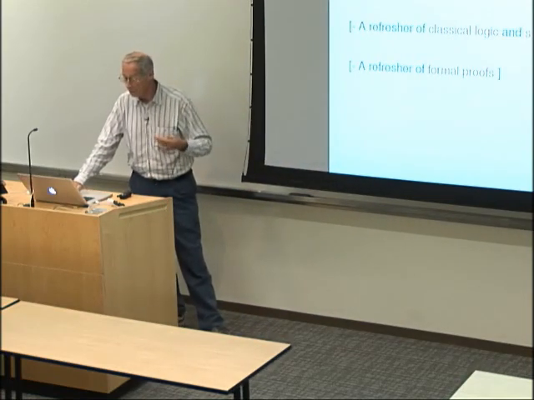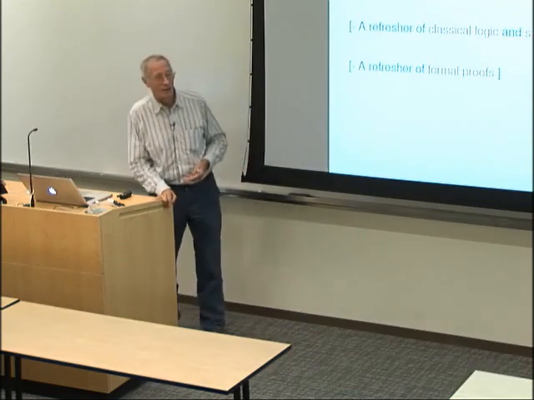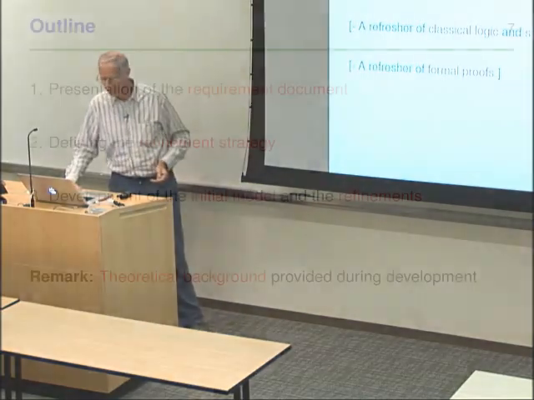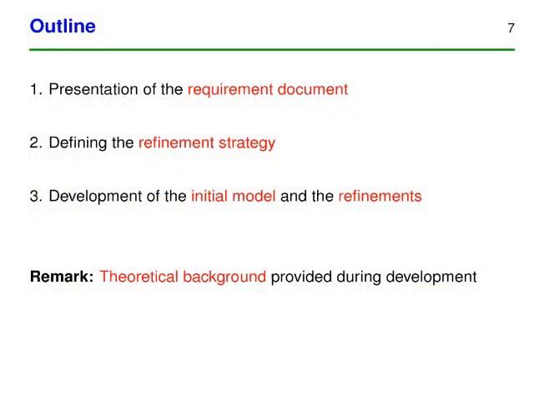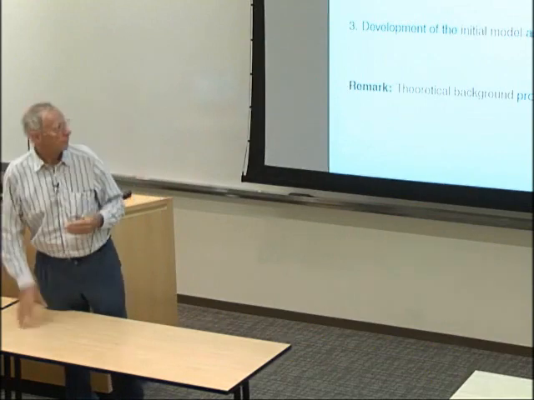So I think there is no need here to have a refresher on classical logic and no need to have a refresher on formal proofs. So the outline is systematically followed when doing some development.